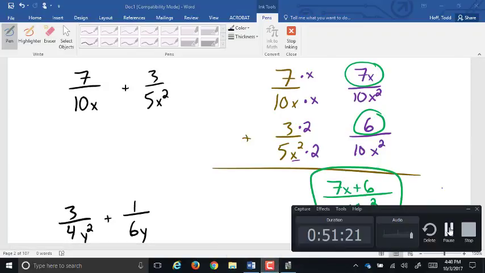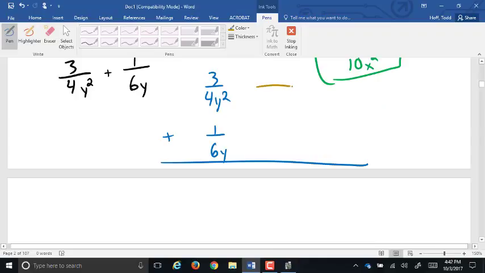So as we look at this one, we have 4y squared for denominator and 6y for the other denominator. What's our common denominator going to be? 12y squared. Beautiful. What do we have to do to the 4y squared to turn it into 12y squared?